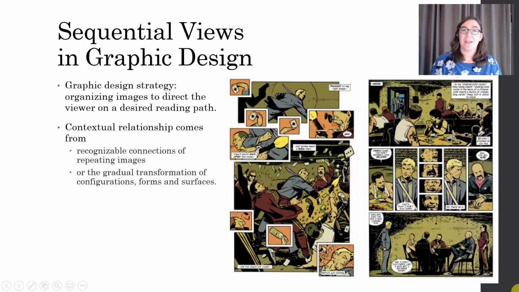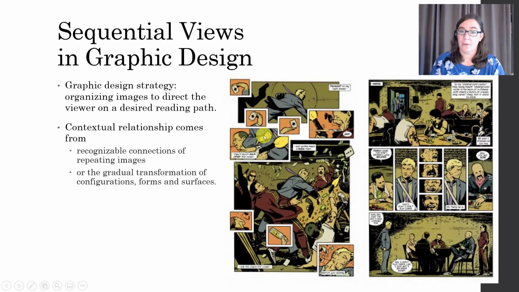Moving back to the comic books and the graphic novels, sequential views are commonly used in graphic design. And we organize the images in order to direct the viewer on the desired reading path. Let's take a look at this example on the screen. This page right here, at least my eye starts here with this big circle to draw the eye.